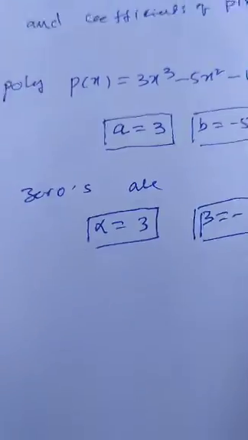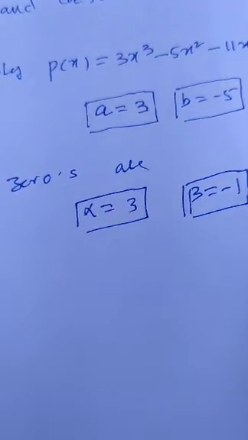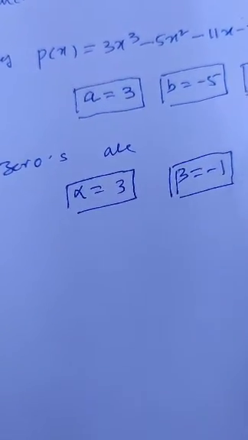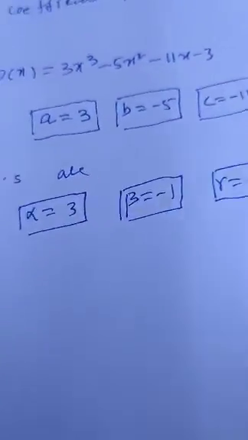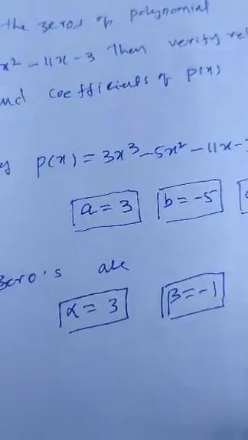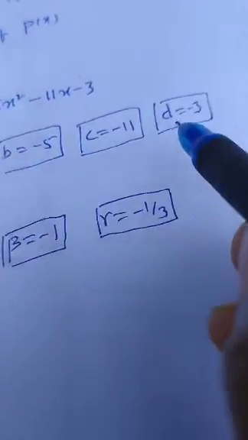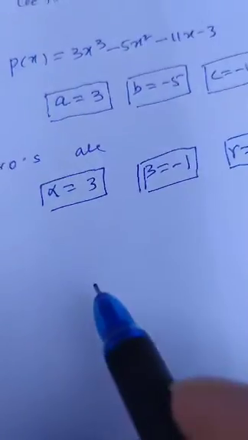The third zero, gamma, is minus 1 by 3. Now I have taken the zeros as alpha, beta, gamma, and from the polynomial the coefficients a, b, c, d. Now let me verify the relation between zeros and coefficients of the polynomial.